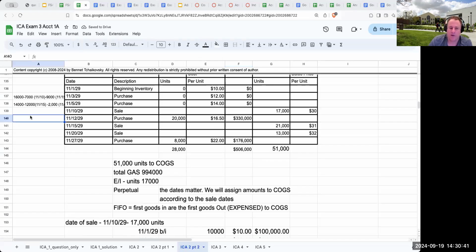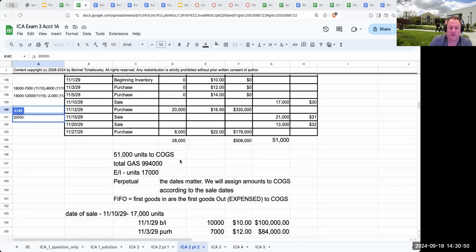Once I take this 20,000 minus basically this 11,000 units from 11/20, basically I'm going to be left over here with 9,000 units.